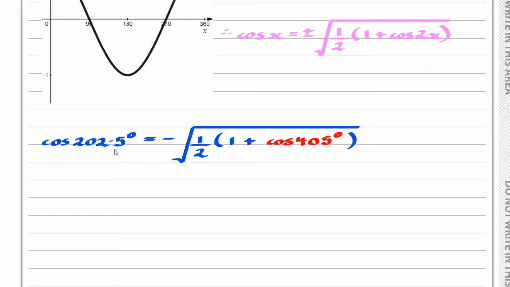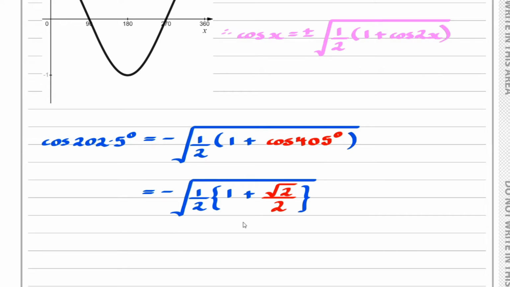Doubling the 202.5 degrees gets us the 405 degrees. So we have negative the square root of 1/2 multiplied by 1 plus root 2 over 2.